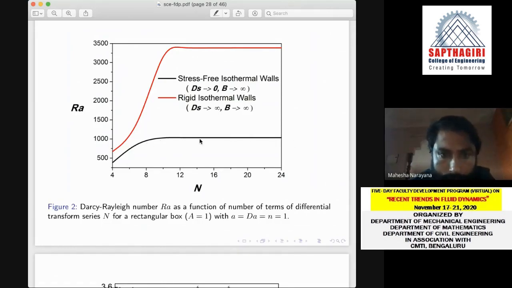Okay, so you see the eigenvalue Ra reaches a constant value, which indicates that about 12 to 13 terms are enough to achieve convergence.